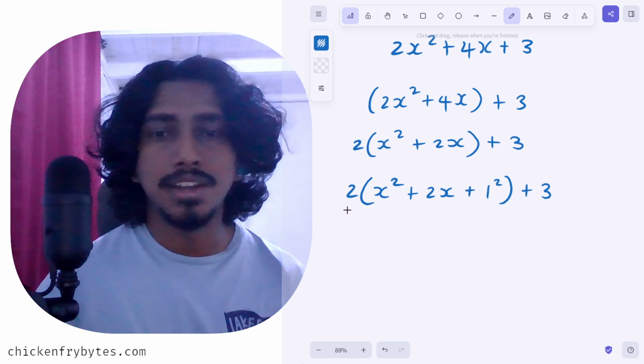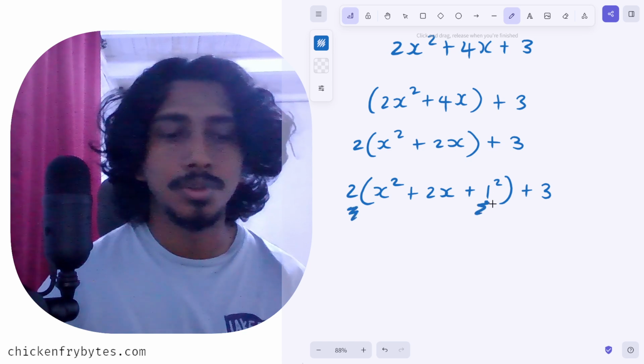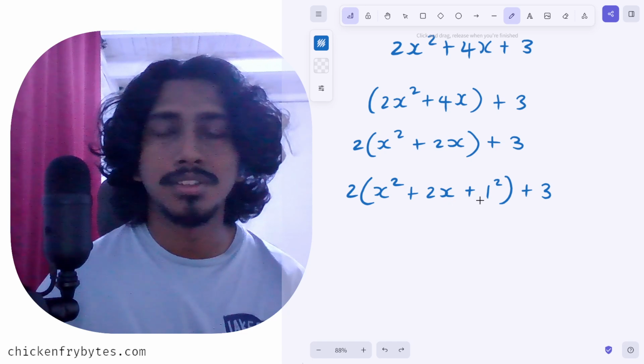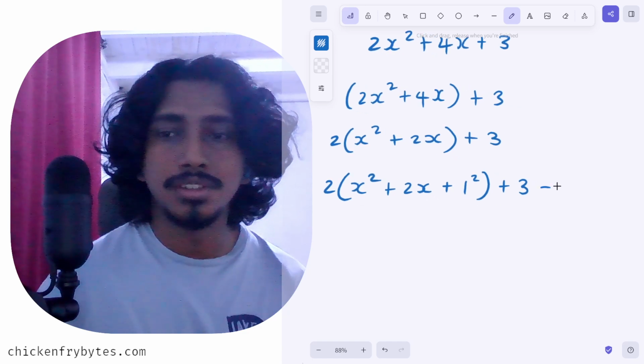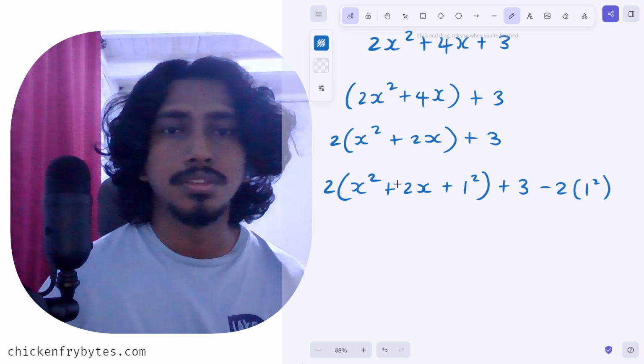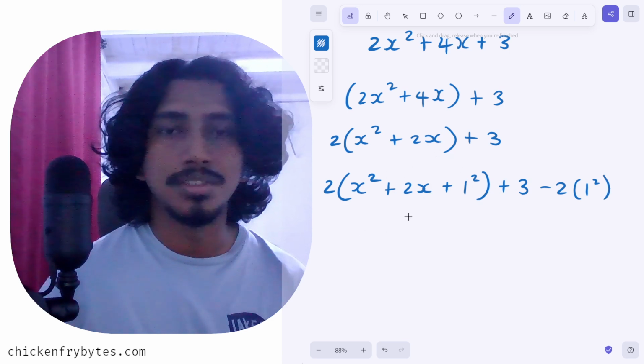And so we technically added 2 by 1 squared to the bracket. And so we need to subtract 2 by 1 squared from the outside, to make it balanced out. And so the next step is we take this bracket and we condense it.